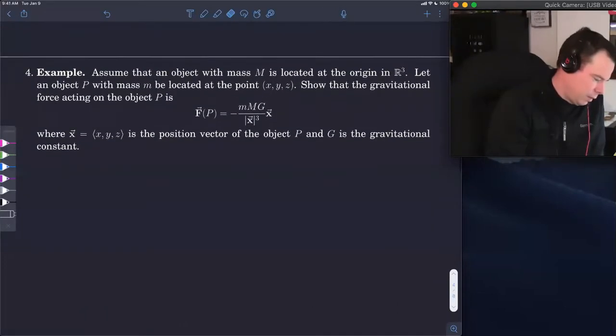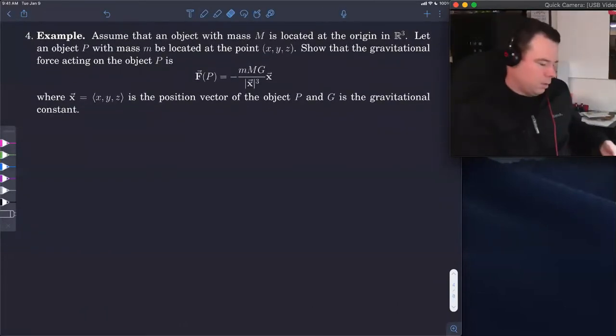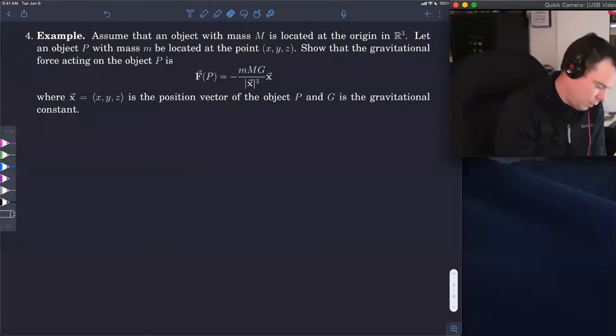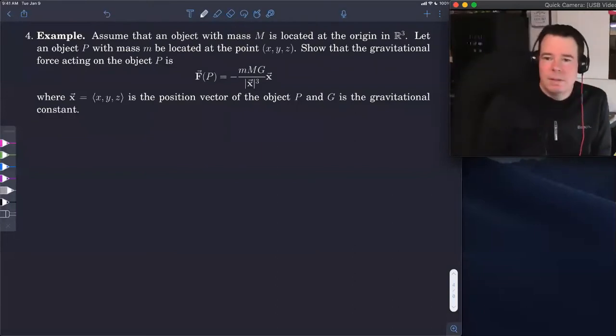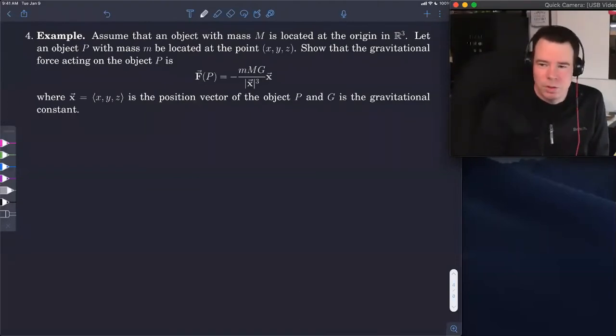So let's go ahead and look at actually constructing a vector field. In this example, we're going to assume that we've got an object with mass capital M located at the origin. Think of this as like a planet, like Earth. So we've got Earth at the origin, a big mass, mass capital M. And let an object P with mass little m be located at the point x, y, z.